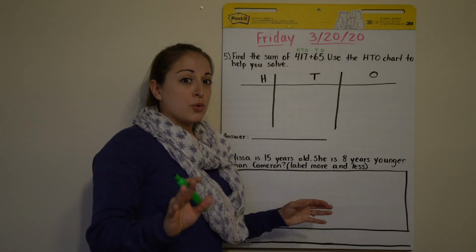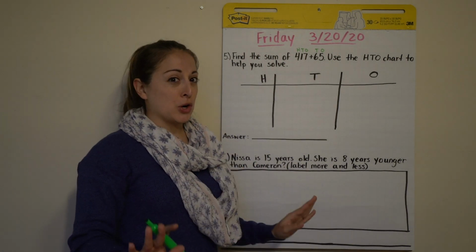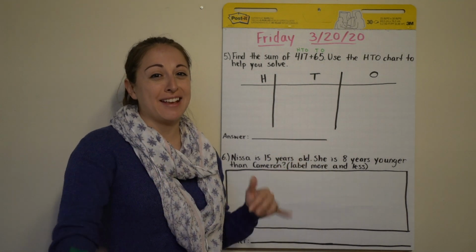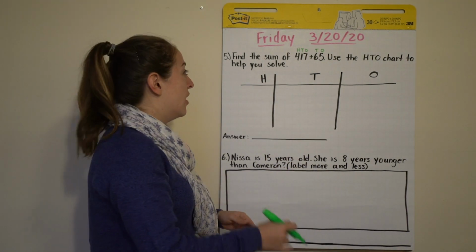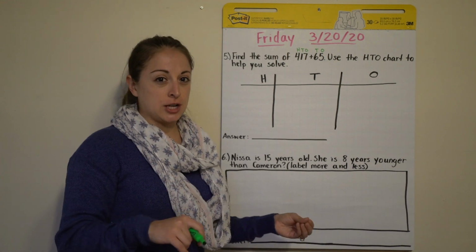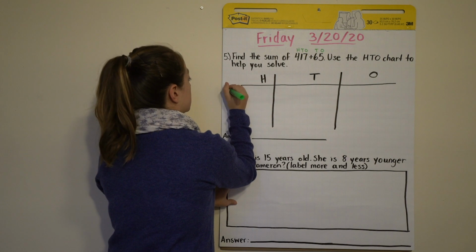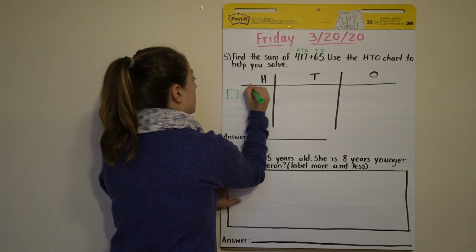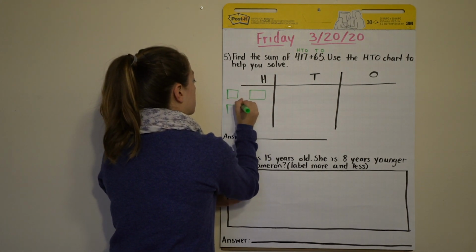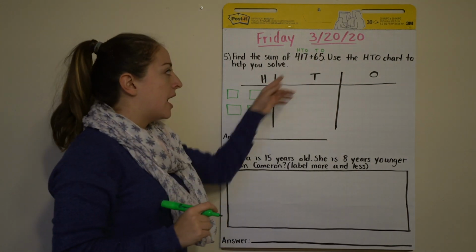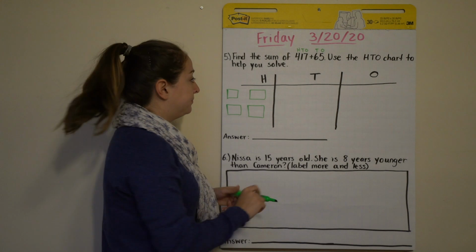Okay, make sure that you didn't label your work just yet. We're gonna do that at the end. So if you did, take a second to erase that real quick. We're not supposed to label just yet. So we're gonna draw the 400s. 1, 2, 3, 4. Okay, now we have only 110.